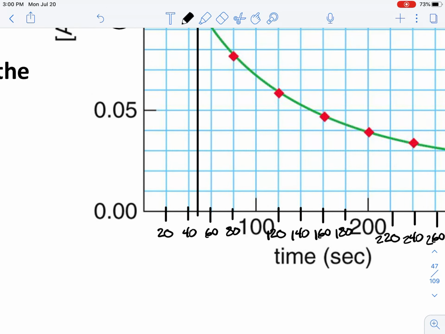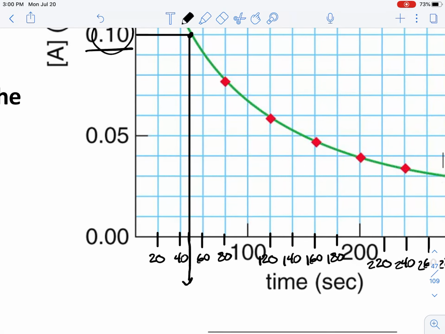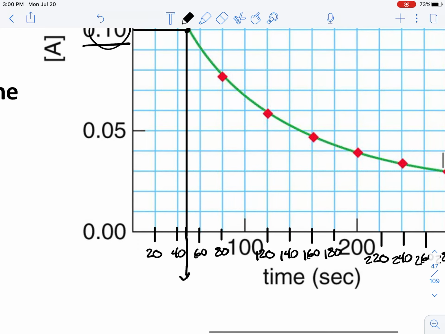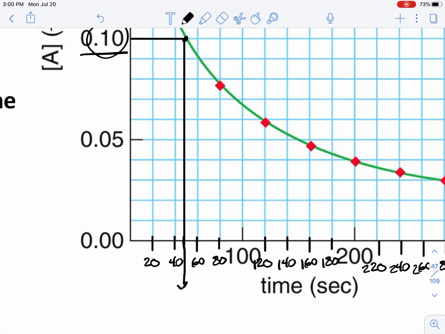Let's just say that this line is kind of skewed to the left, so it's a little bit off. Somehow I can't get my pen to draw it exactly half, but let's just say that it's 50.